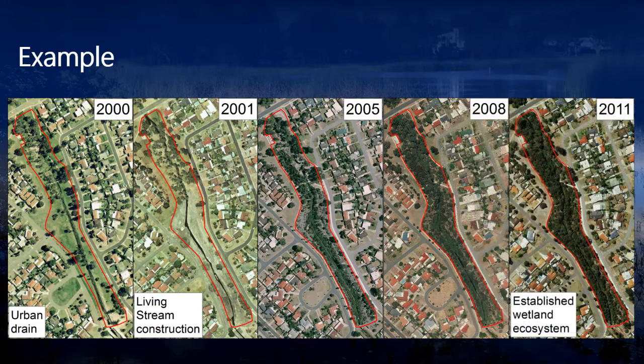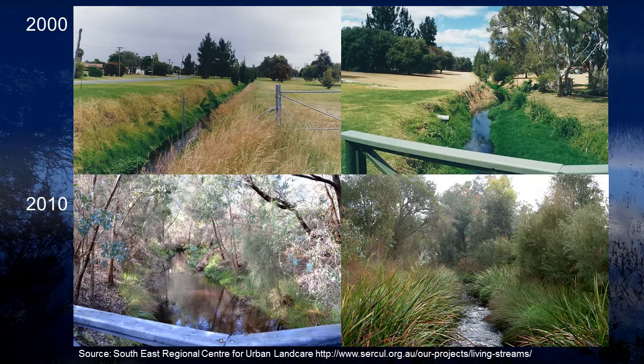There's an example in the city that I come from, Perth, where vegetation was re-established along what was originally a drain, and they converted it back to a stream. Over the course of about 10 years, the vegetation grew, and we went from the situation shown in the top two photographs to how it looked in the bottom two photographs. Clearly a big transformation, and some big environmental and social benefits were generated.